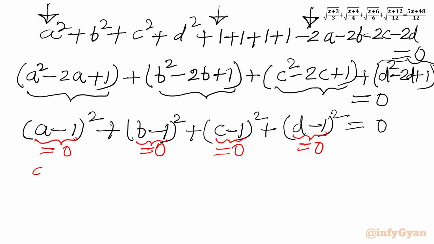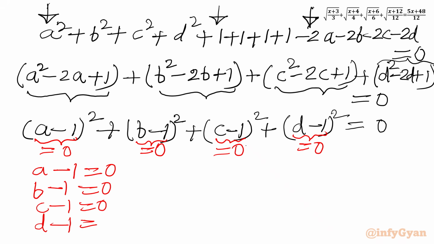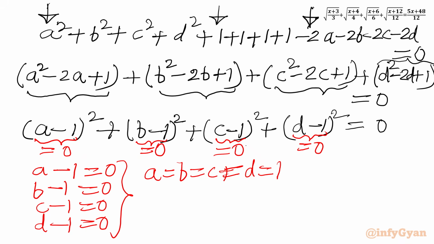So we'll get 4 equations: a minus 1 equal to 0, b minus 1 equal to 0, c minus 1 equal to 0, d minus 1 equal to 0. So from these 4 equations, we will get a equal to b equal to c equal to d equal to 1.